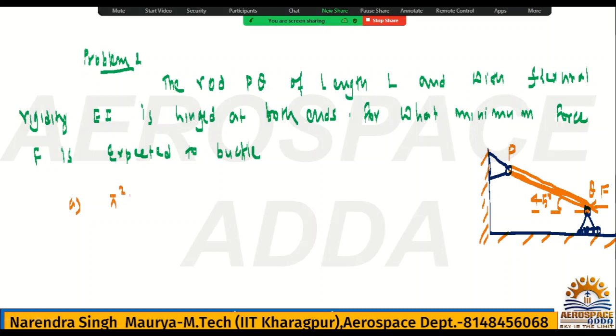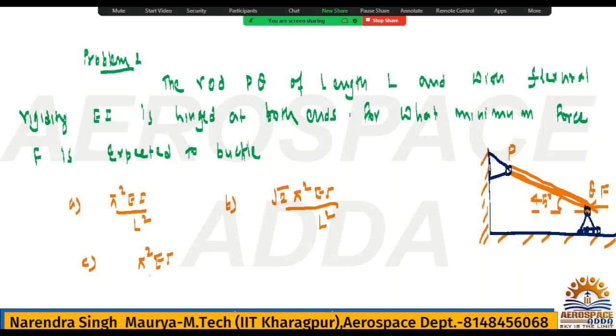Option A, pi square EI, these are the options they have given to us. Let us try to understand this simple problem. The column length is L, they have clearly mentioned.